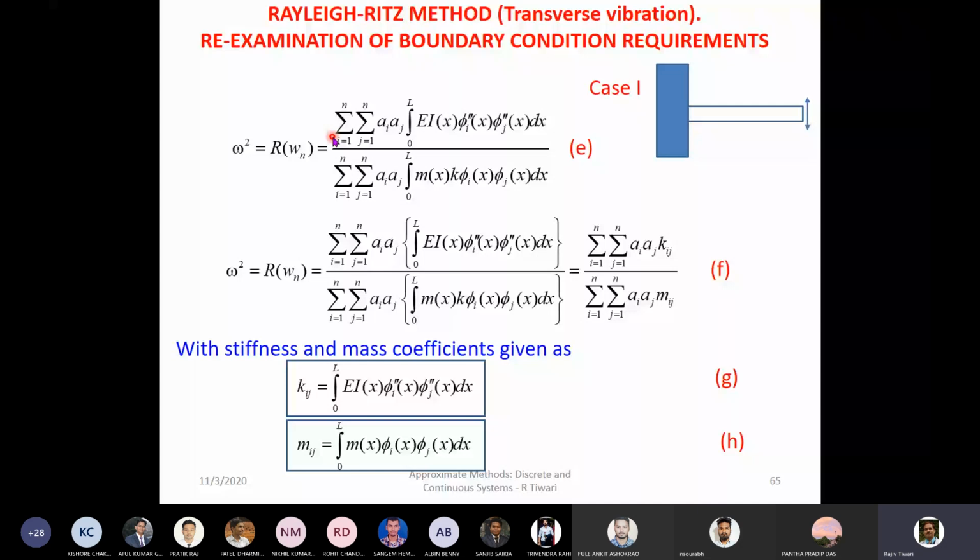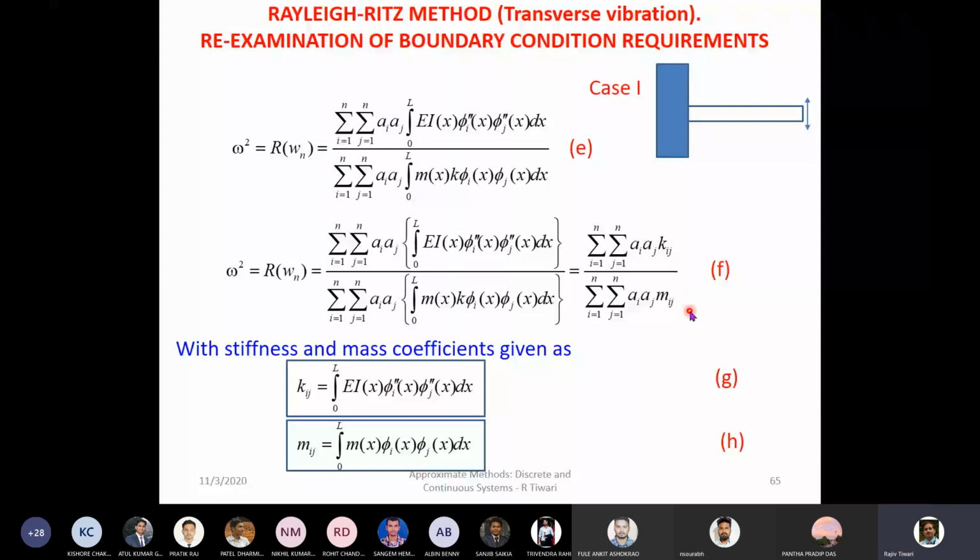They will be within the summation. Now I have written the same thing here, but I have put the integral term in a bracket, and this bracket term I am representing as k_ij, and here m_ij.